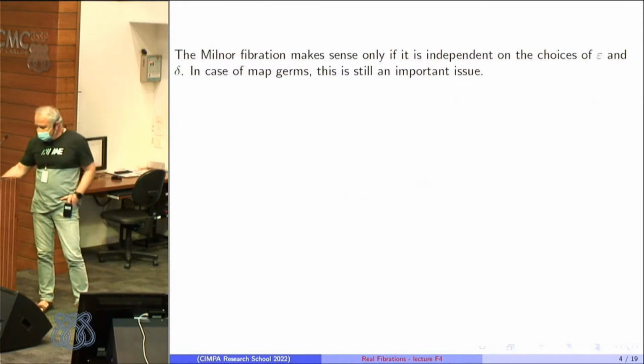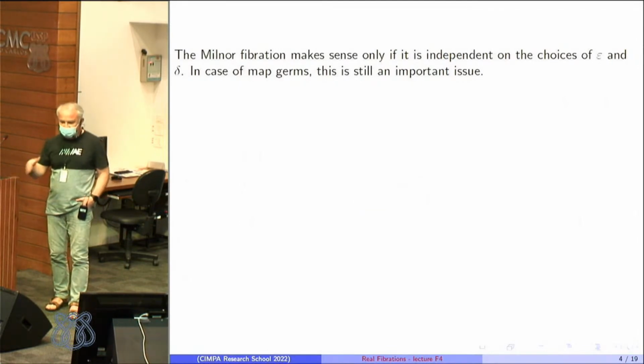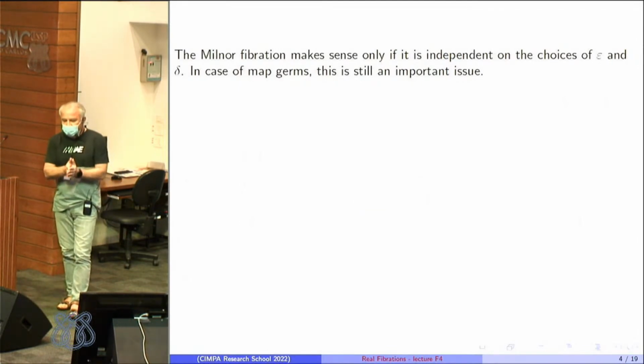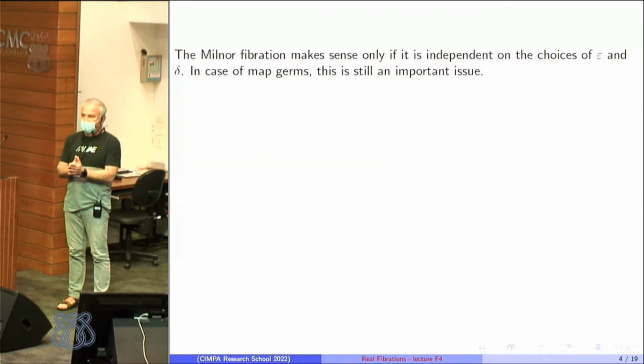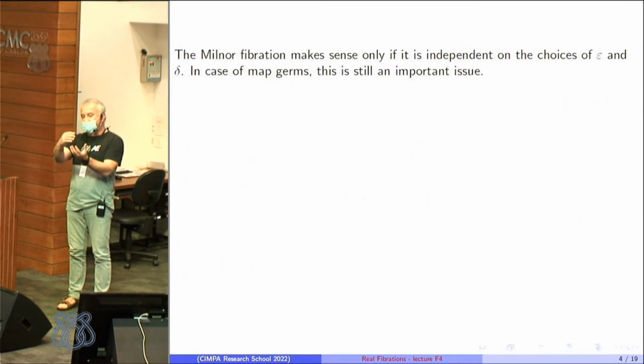And the remark here, because it appeared in Max's exercise session and today in the morning: when you write the classical Milnor fibration theorem, it says that you have a fibration, but more than that, it does not depend on epsilon if epsilon is small enough.